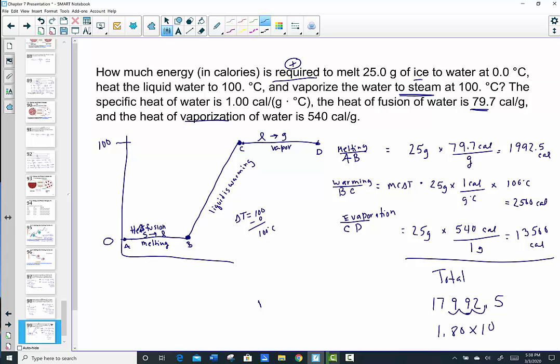One, two, three, four. That's the same magnitude, but with 3 sig figs rounded properly. 17,992 rounded to 3 sig figs is 1.8 times 10 to the 4th calories.